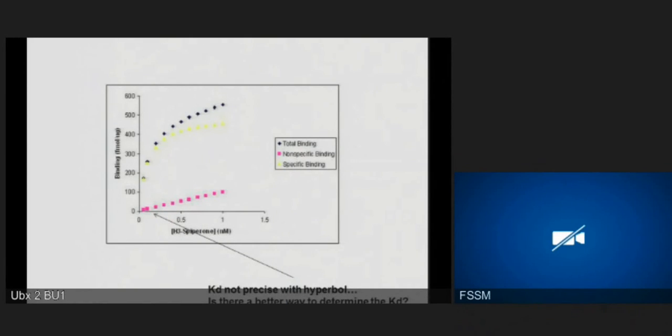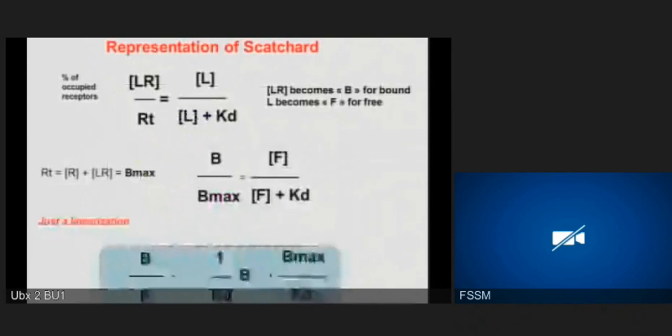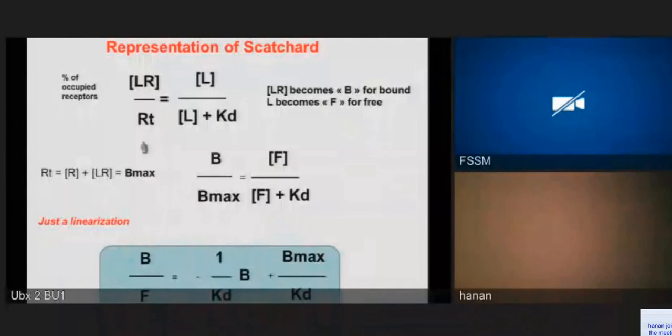So y equals ax plus b. That's it. This is a representation of Scatchard. Sometimes I succeed to go from here to here. This is logical when you know where you have to go. So, to transform a hyperbole into a straight line, even if it is stupid.